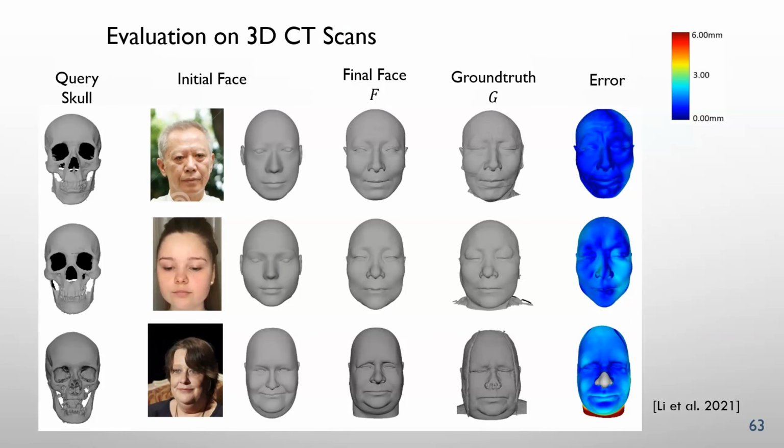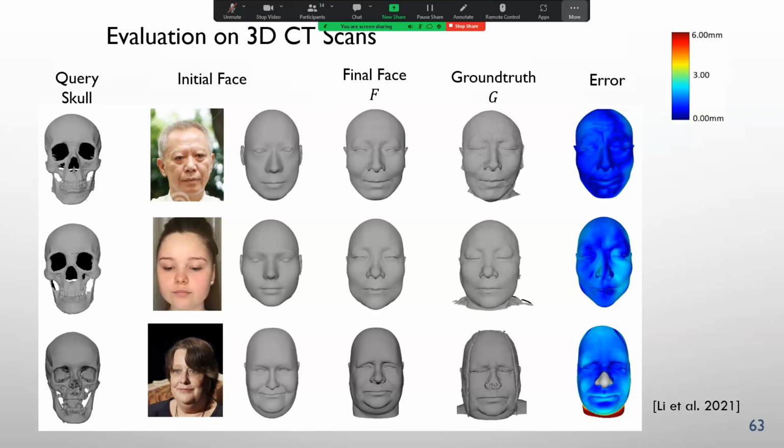Then we get this initial face reconstructed, as we can see in the third column. Then after the modification, we get the final face. The final face is compared with the ground truth face G.